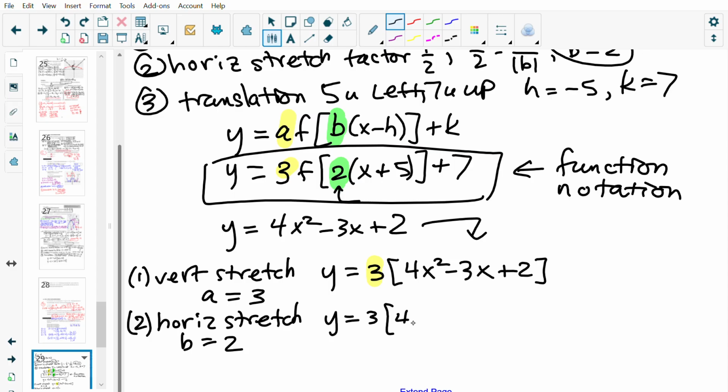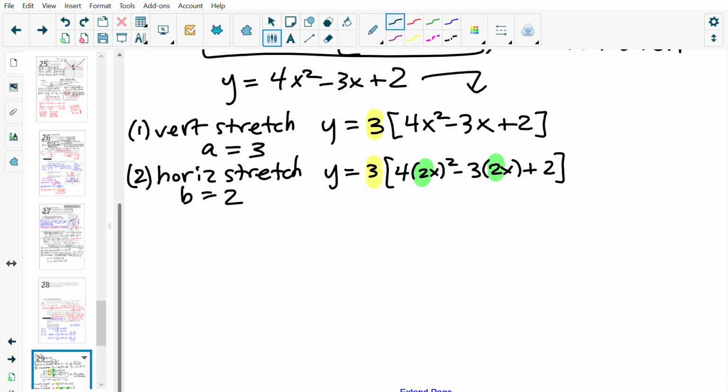Y equals 3 times 4, 2x squared minus 3 times 2x plus 2. Okay, with me so far?